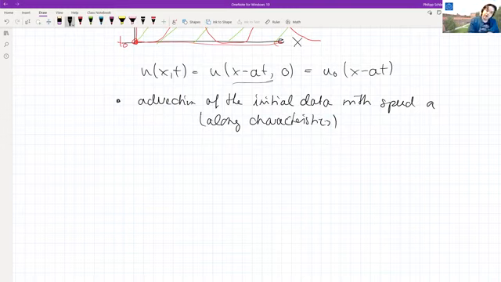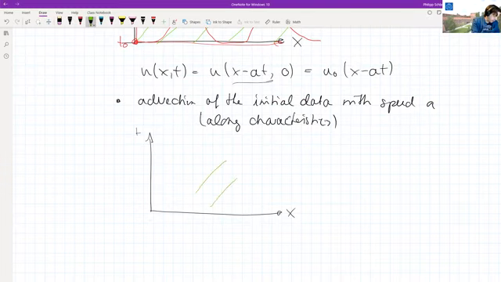And now that we know how information is propagating, we can perhaps also get an idea of where and how we should set boundary and initial conditions. Again, just think of a space-time diagram, and I was saying that we have characteristics, so maybe information propagates like that.